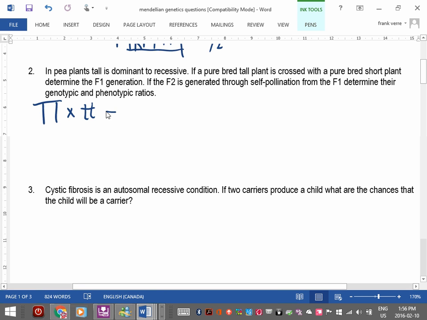So these are the parents, the parent generation. For the F1, I don't need to do a Punnett square here, because this parent can only pass on a big T, and this parent can only pass on a little t. If you take the F1s, that's a different story, because the F1s are all going to be heterozygous.